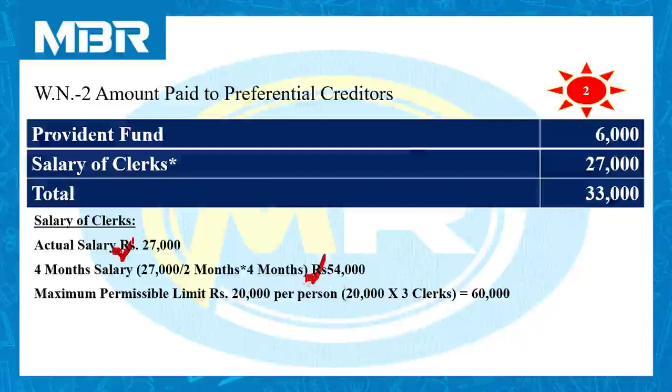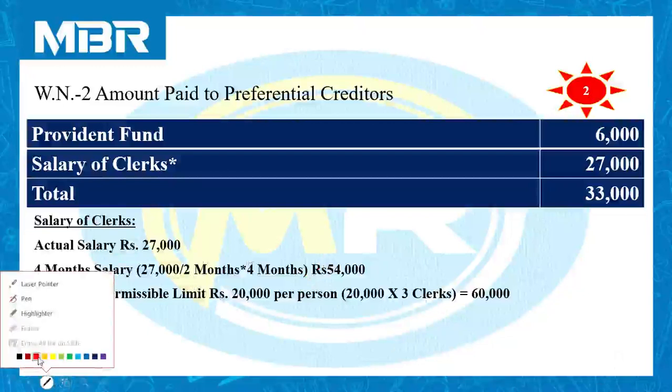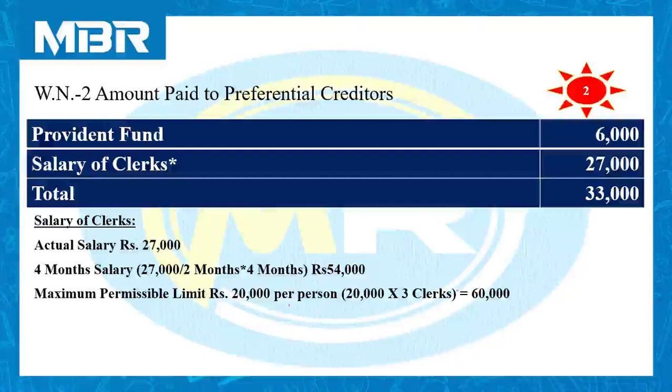The first amount is actual salary, 27,000. Second amount, 4 months salary, 54,000. Third, maximum permissible limit: 20,000 per person multiplied by 3 clerks is equal to 60,000. Now you can analyze the information very properly.